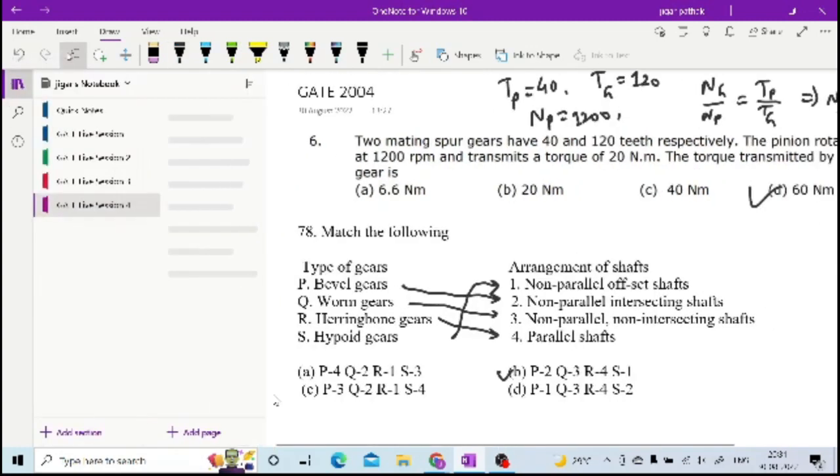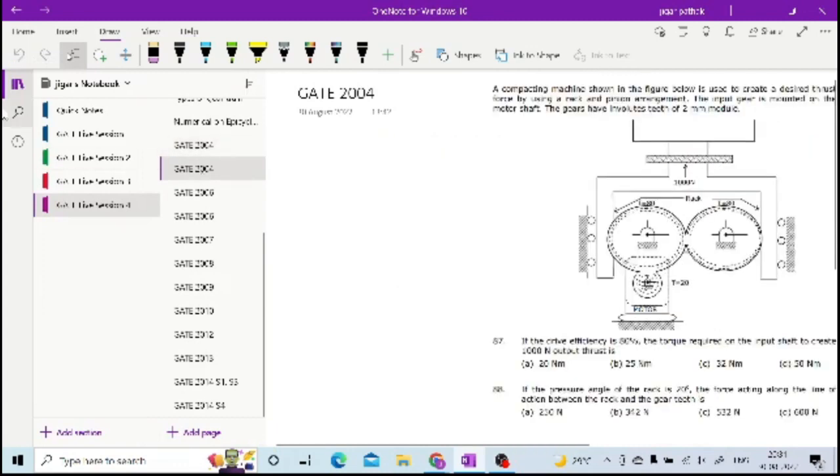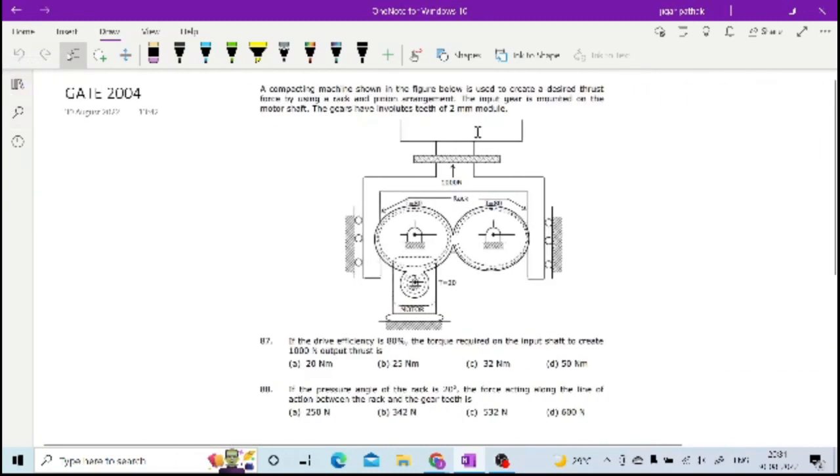Now if you go for the next one, then here you have this question. It is saying that a compacting machine shown in the figure below is used to create a desired thrust force by using a rack and pinion arrangement.